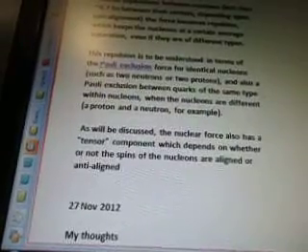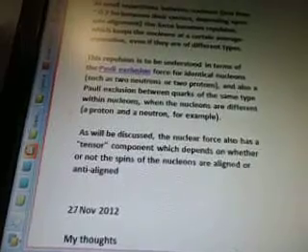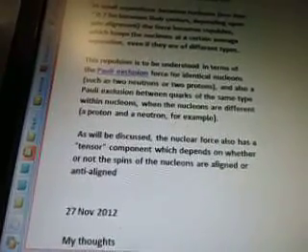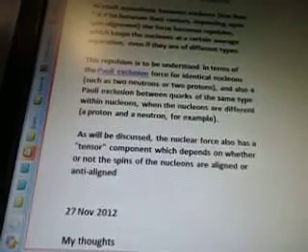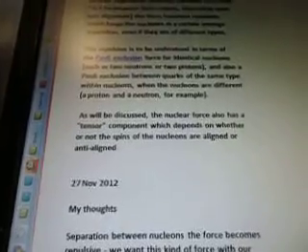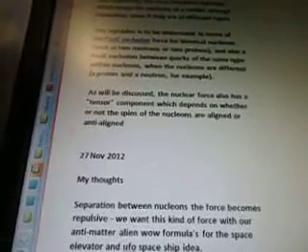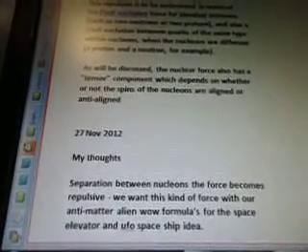This repulsion is to be understood in terms of the Pauli exclusion force for identical nucleons such as 2 neutrons or 2 protons, and also a Pauli exclusion between quarks of the same type within nucleons when the nucleons are different, a proton and a neutron for example. As will be discussed, the nuclear force also has a tensor component which depends on whether or not the spins of the nucleons are aligned or anti-aligned.